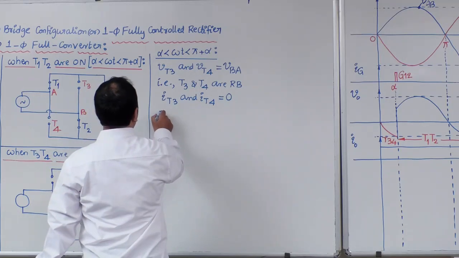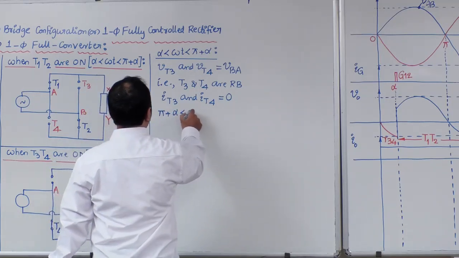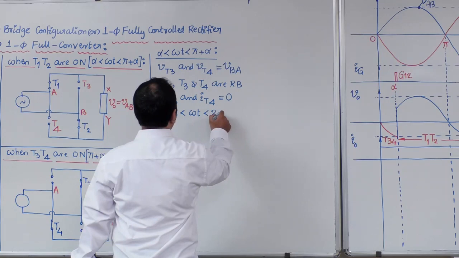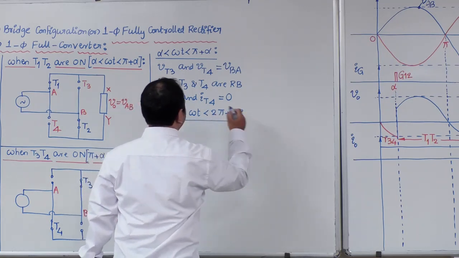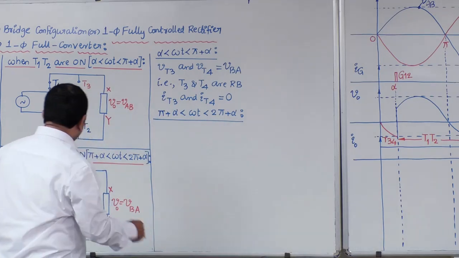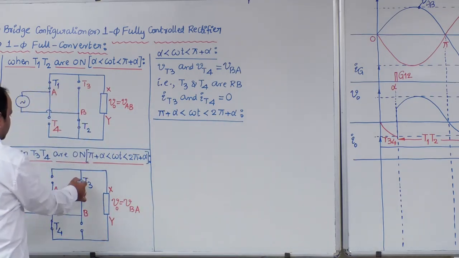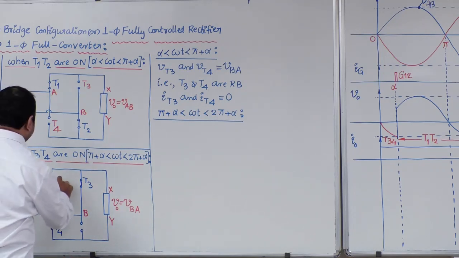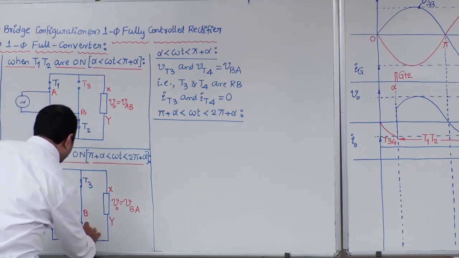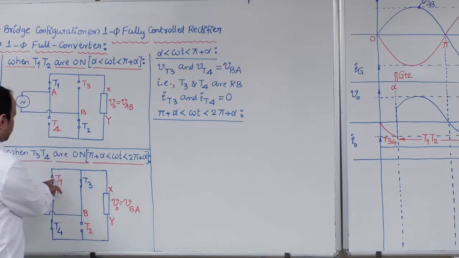In a similar way, for pi plus alpha to 2 pi plus alpha, what can we write down? In this interval, T3, T4 devices are in conduction. Hence, let us look into the T1, T2 pair.